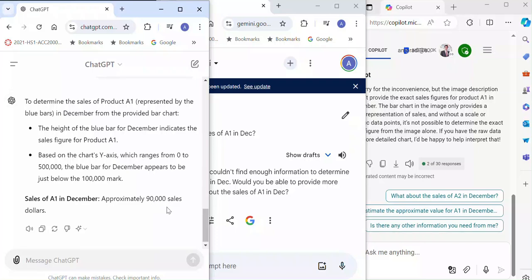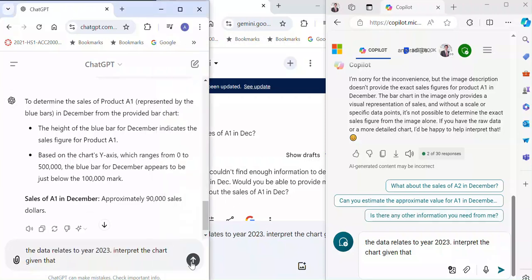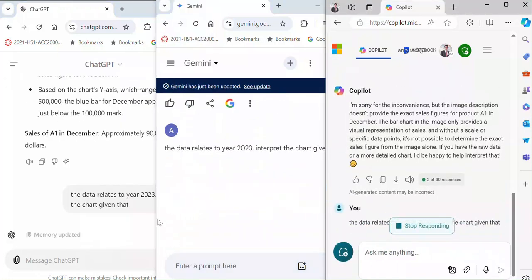Now I'm also going to add something related to the year, and we add the year 2023, and then ask them to interpret the same, considering that we know the year is 2023. Let's see what happens.